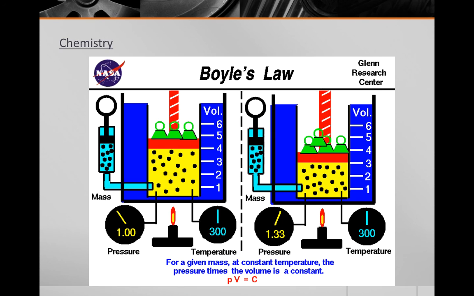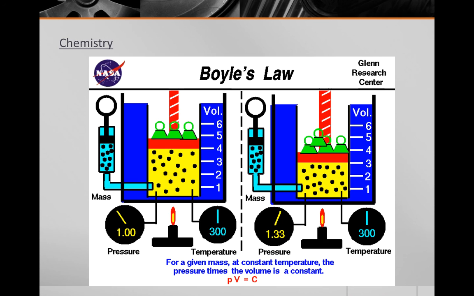So this is a concept in chemistry. If you're looking up at the screen, the yellow area is showing you what we would consider the volume of a gas. And if you notice on the left, the volume of the gas is at 4.